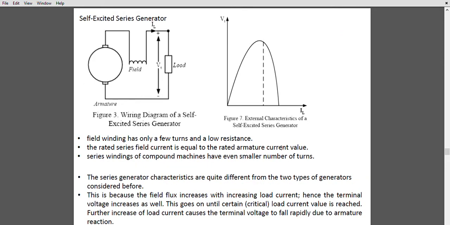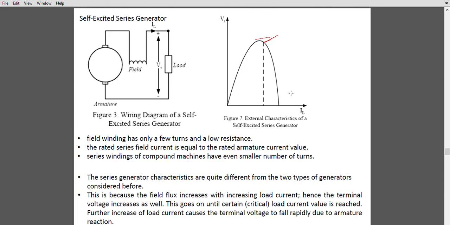Now coming to the next generator, which is the self-excited series generator. Here the characteristics of this generator seem very simple, because with the increase of load, the voltage also increases, and this is the limit where the voltage starts to drop. This is called the critical voltage.